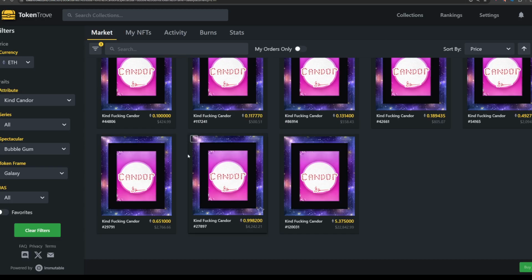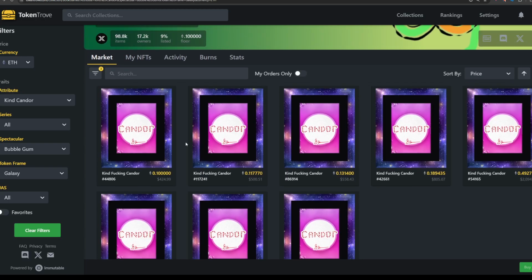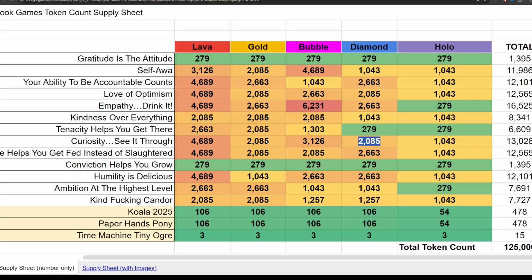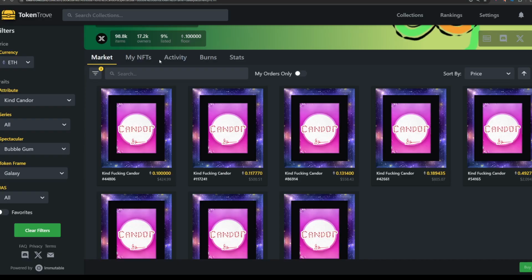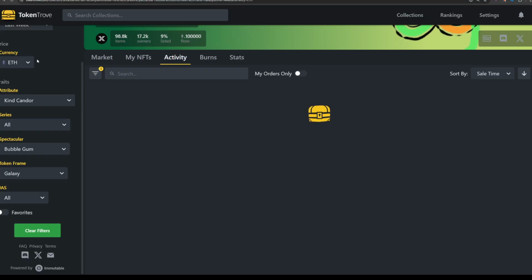That's the last one so far in the order book. Kind Candor Bubblegum Galaxy. Oh, interesting. Bubblegum and diamond are the same, but it's still more than hollow. Let's take a look at the activity.